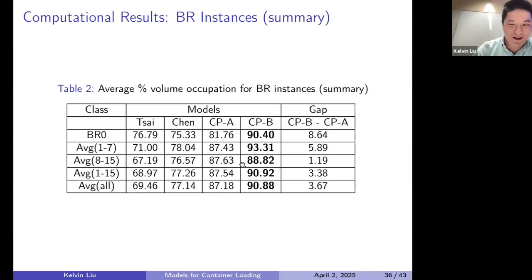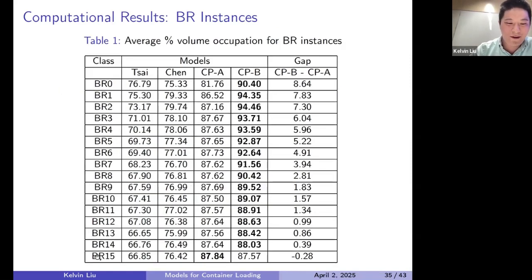And in fact, if you go back to the previous slide, you can see that for BR15 instances, which are the most strongly heterogeneous instances, the block building model actually does not provide improvement over just the baseline constraint programming model. So while the gap is quite large for homogeneous and for weakly heterogeneous instances, there's no gap for strongly heterogeneous instances or smaller gaps. So I guess the question would be, why might that be?